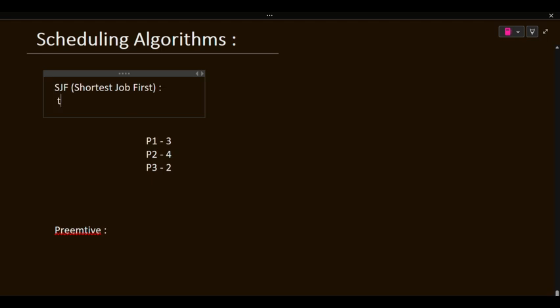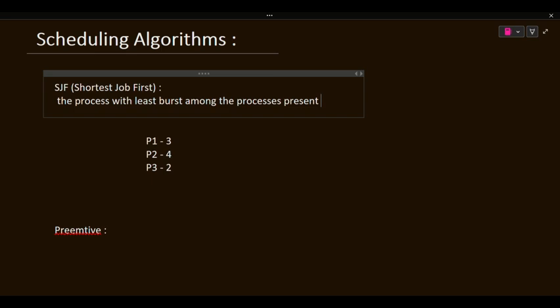So here the process with the least burst time among the processes present in the ready queue will be selected first.